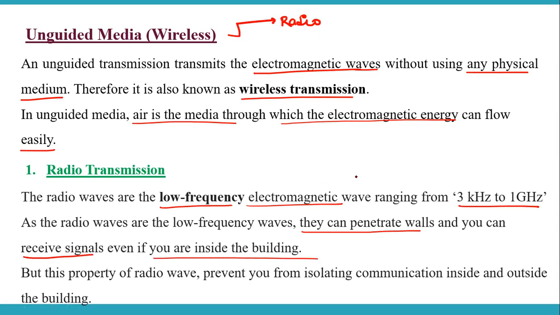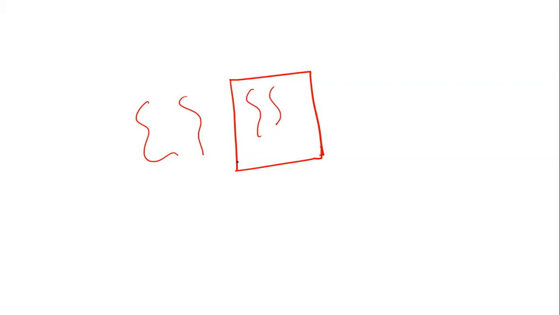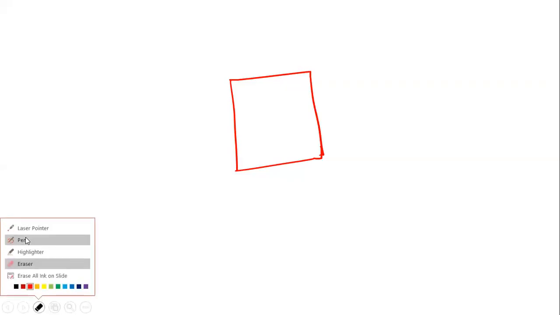So what it means is that suppose कि आप एक building में हो, this is a building and there is few communication that is going outside and few communication that is going inside. So now if you are communicating with each other using radio waves, okay, and there are 2 persons that are communicating with each other inside and 2 that are outside.